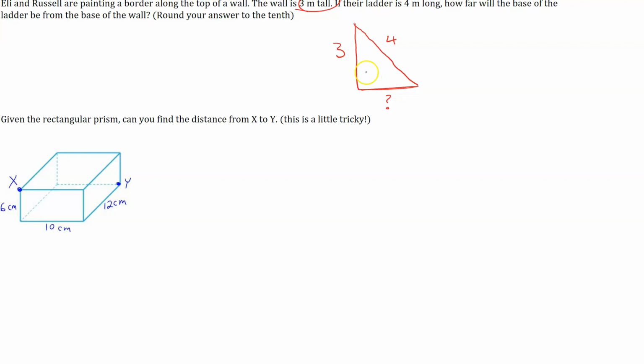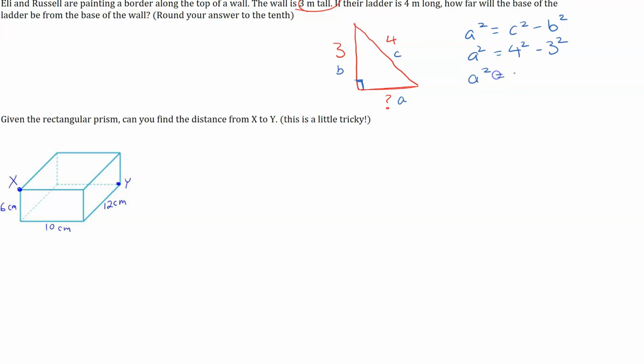Again, we've got a right angle triangle because the wall and the floor make a right angle. I'm going to label my sides. I'm looking for A, this is B, and this is C. So I'm going to use A squared is equal to C squared minus B squared, and then fill in my variables. A squared is what I'm looking for. C squared would be 4 squared minus B squared. B is 3.